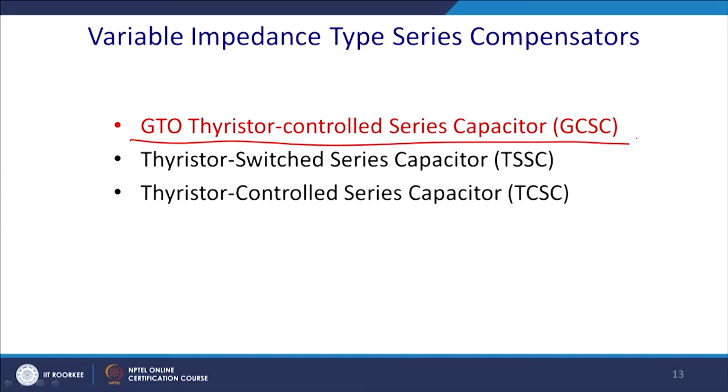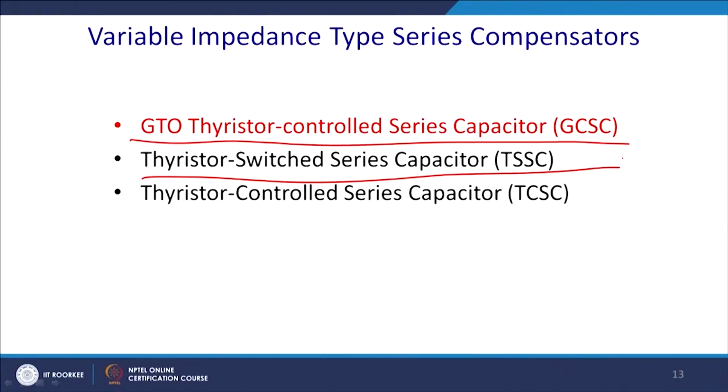You have the advantage of switching on and switching off since it is GTO based. So, you have an on off control. This is a full control device, so you can use this GTO. Otherwise, you have a thyristor switched series compensator.